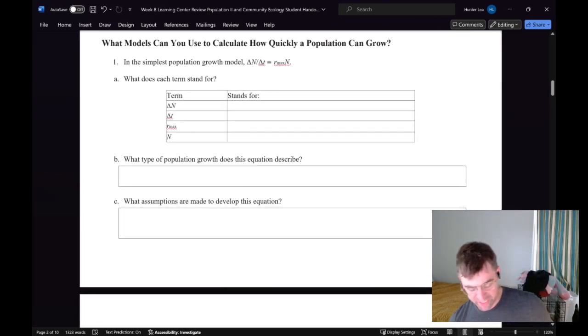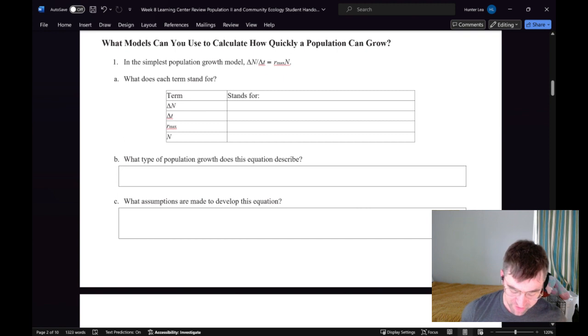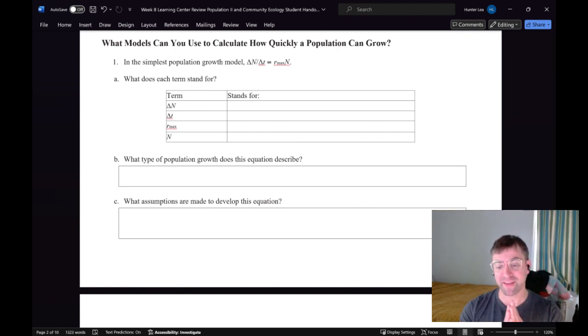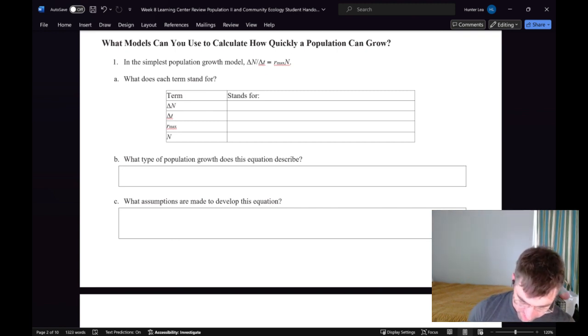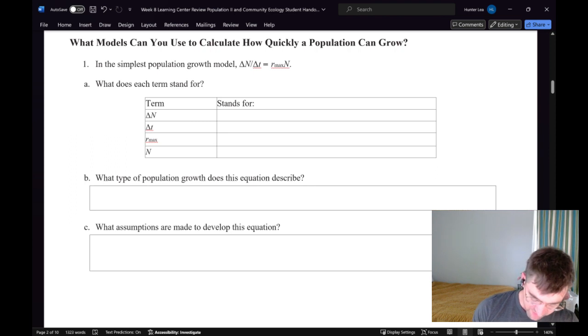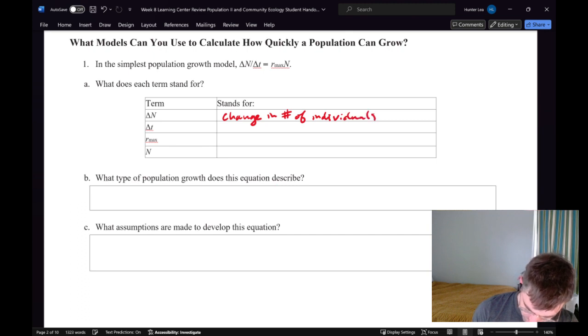So what models can you use to calculate how quickly a population can grow? I'm going to do my best here. There are some issues with my answer key, unfortunately, and that's my problem, not yours, but we'll do the best we can. What does each term stand for? Delta N is the change in the number of individuals. Delta T, of course, is our time interval.